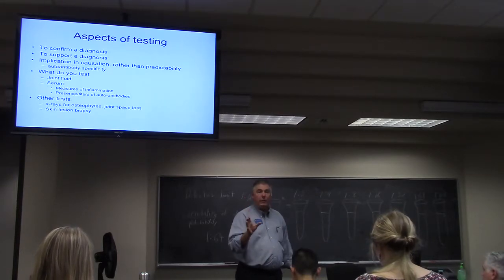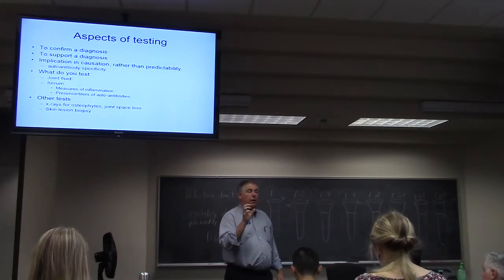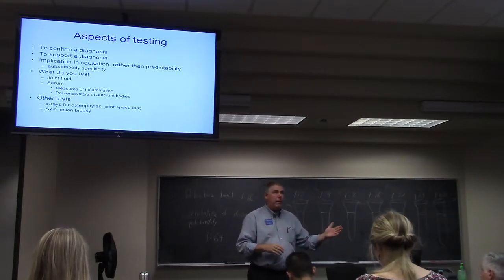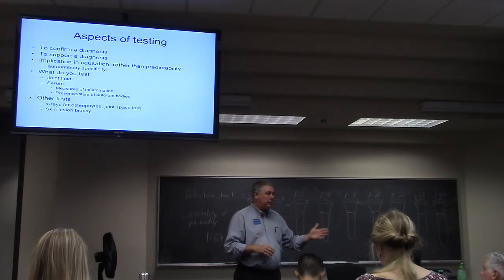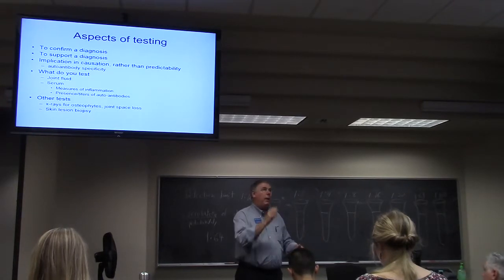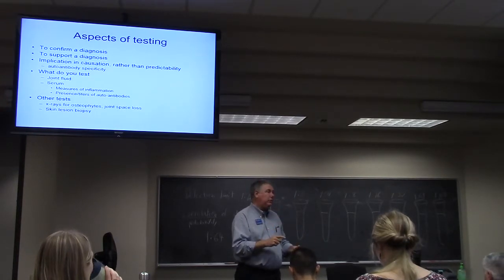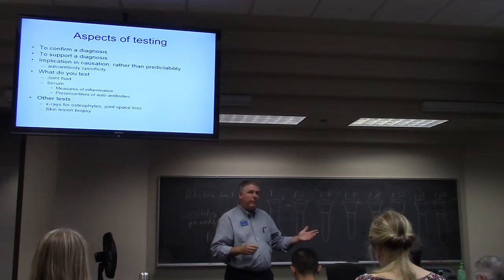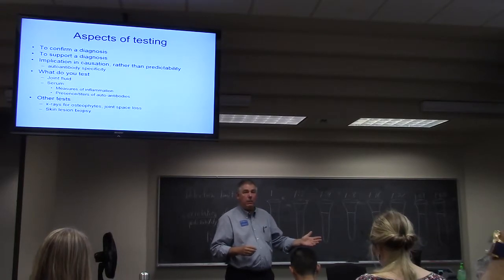When you have a positive HIV screening and you follow it up with the Western blot that looks for the presence of the protein, you have HIV. But a lot of these tests in connective tissue disorders, they're positive, but that doesn't necessarily mean you have the disease. Doesn't mean you're even going to get the disease, ever.